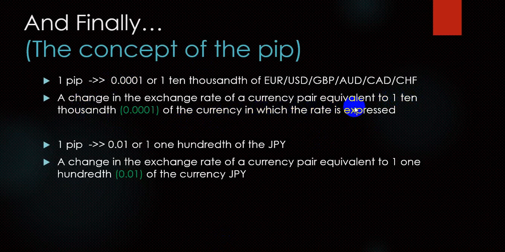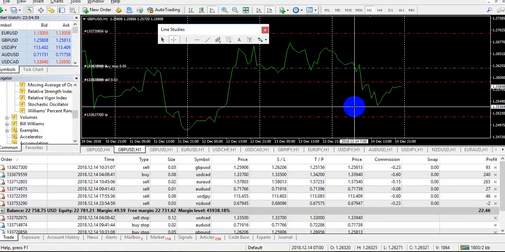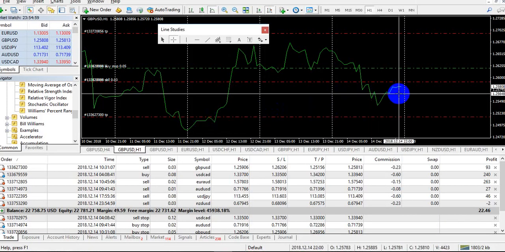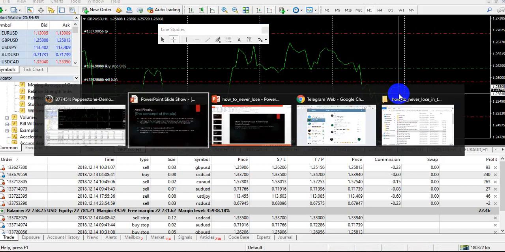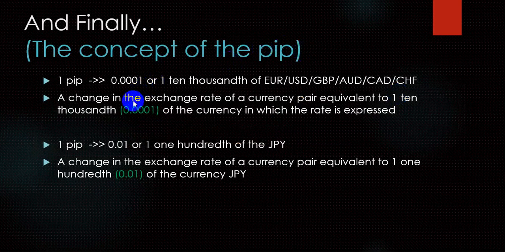So in other words, when price moves 1/10,000th of $1 in the case of the British pound USD, we say price has traveled 1 pip. So it has to move 0.0001. That is how much change has to happen in price for you to say there has been a change in price equivalent to 1 pip.